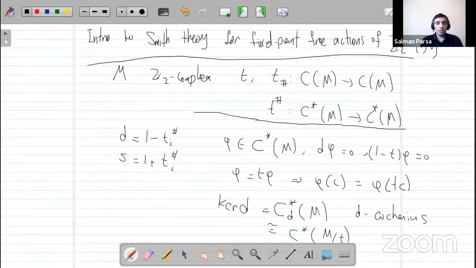Okay, so if you take these D cochains, you can take boundaries in them also. So you restrict your original boundary to these D cochains, or let's say coboundaries, sorry.